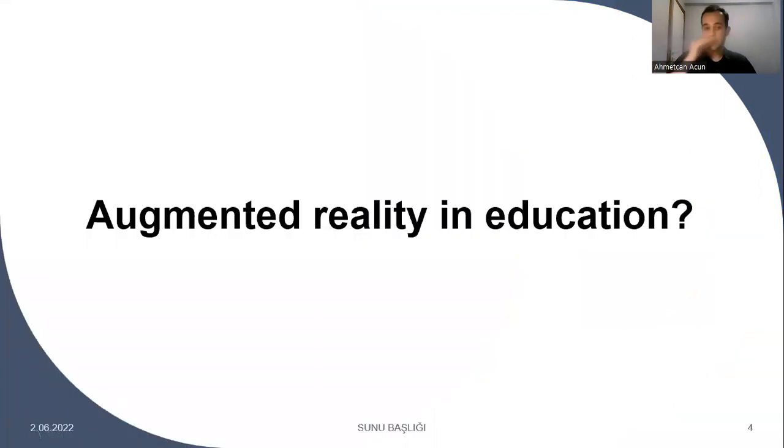So, how can we use augmented reality in education, or can we use augmented reality other than education? Yes, we can. We can play games. We can use it in architecture by scanning the environment and creating a 3D environment in iPad, in tablets, and then manipulating it, or in medication in the health sector.